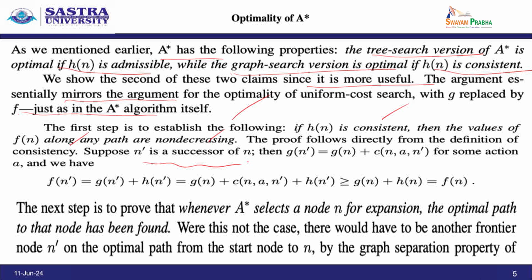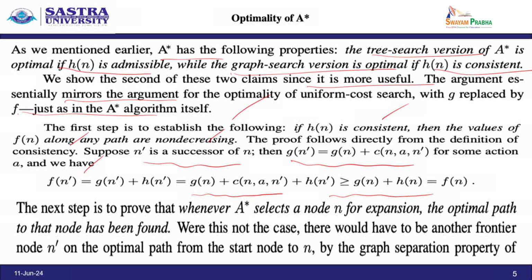If n dash is a successor of n, then g of n dash equals g of n plus c of n, a, n dash for some action a. So, we have f of n dash equals g of n dash plus h of n dash, which is equal to g of n plus c of n, a, n dash plus h of n dash, which is greater than or equal to g of n plus h of n, equal to f of n.